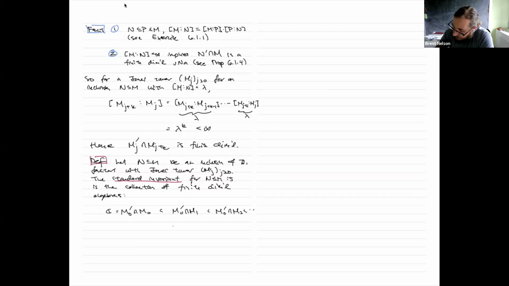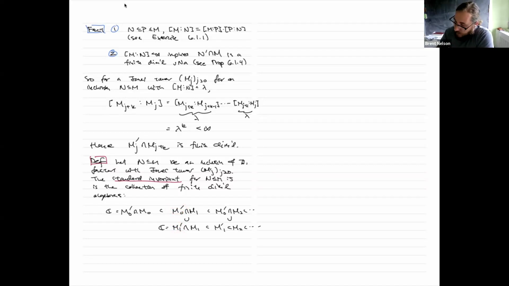And then the second level, I'll look at the relative commutants of M1. And then I have inclusions like this, because it's easier to commute with the smaller algebra than it is the bigger algebra. And then this level is also C.